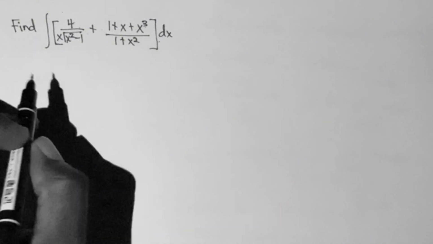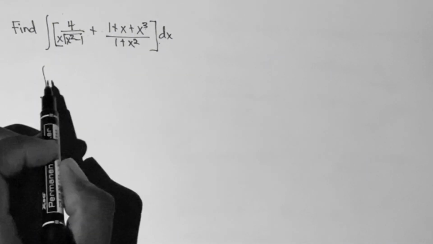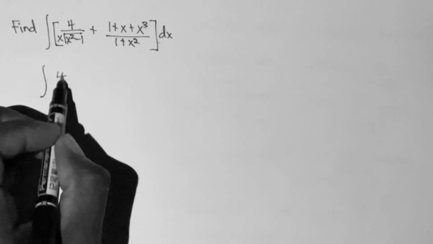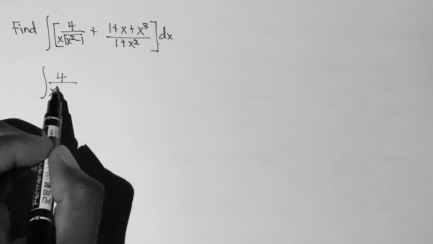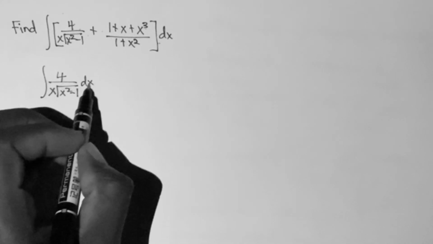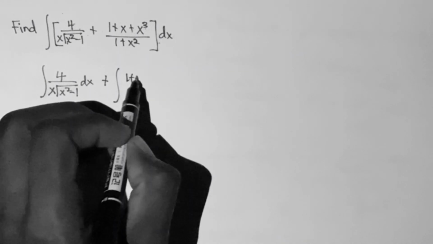So let's do this. Let's rewrite this, breaking the integral into 2, so that we get the integral of 4 divided by x square root of x squared minus 1 dx, then plus the integral of 1 plus x cubed divided by 1 plus x squared dx.